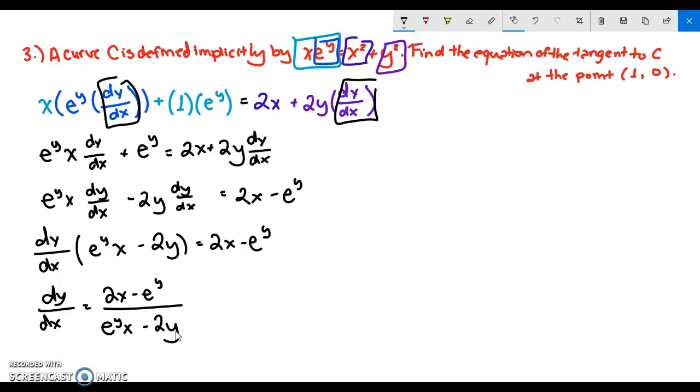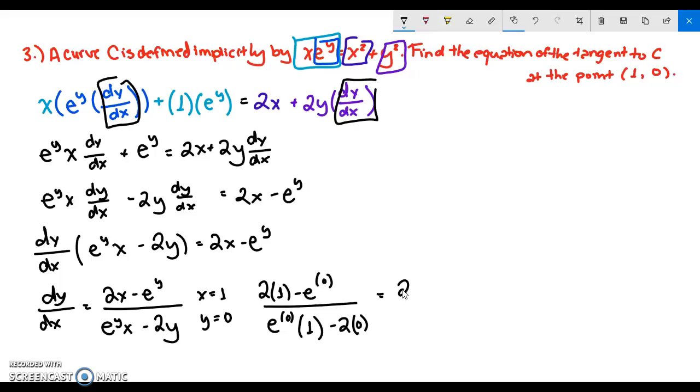This gives us our slope, and we want our slope at the point (1, 0). So when x equals 1 and y equals 0, our slope equals (2 times 1 minus e to the 0 power) over (e to the 0 power times 1 minus 2 times 0).